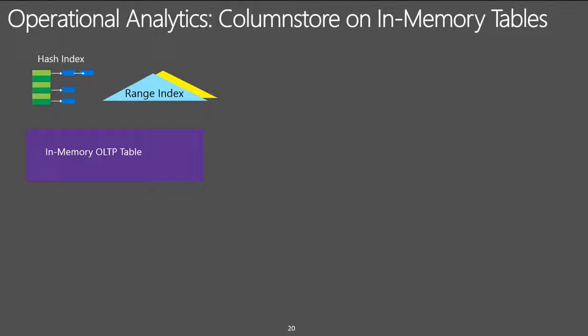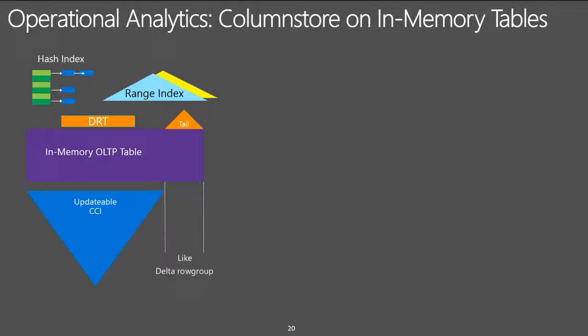So what you do is, if you want to do analytics on it, you create an updatable column store index on the in-memory table, okay? Now, remember we talked about a delta store for the traditional thing? For this scenario, there is no delta store explicitly.